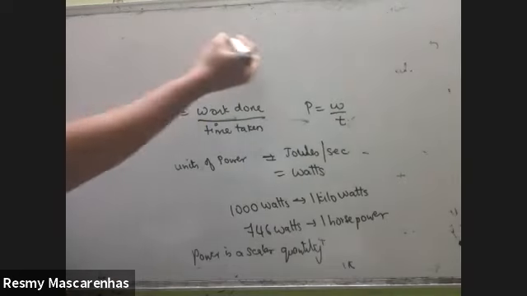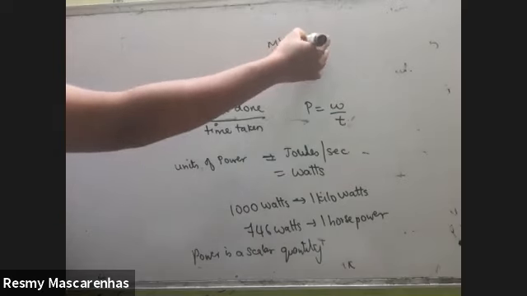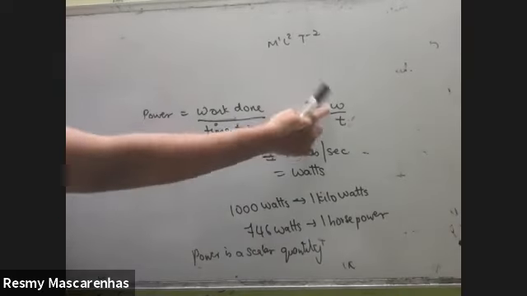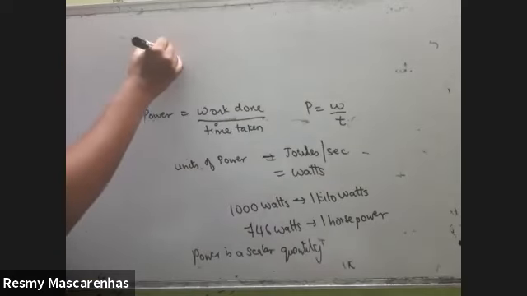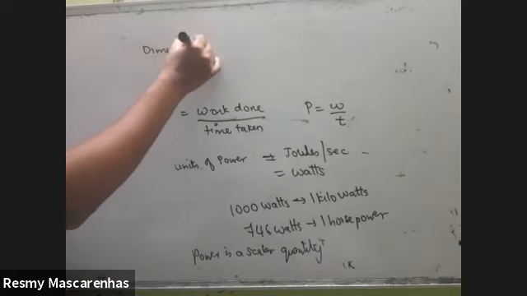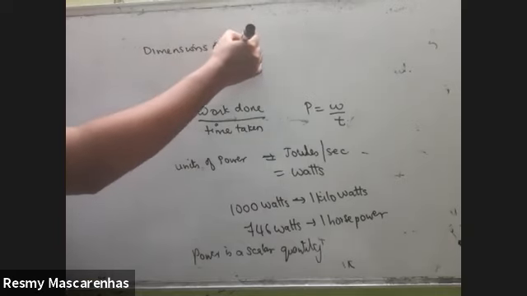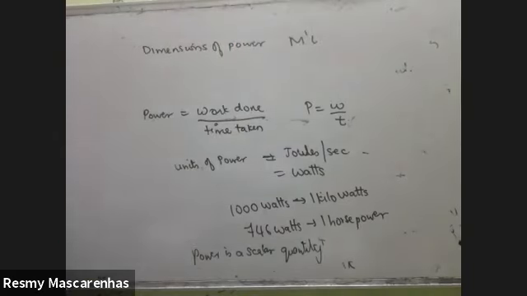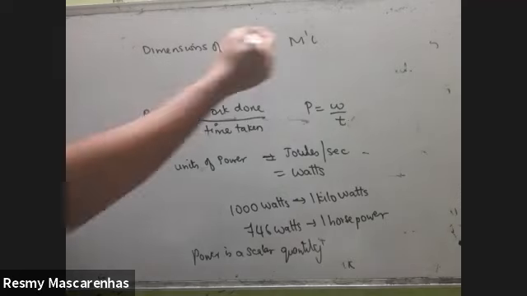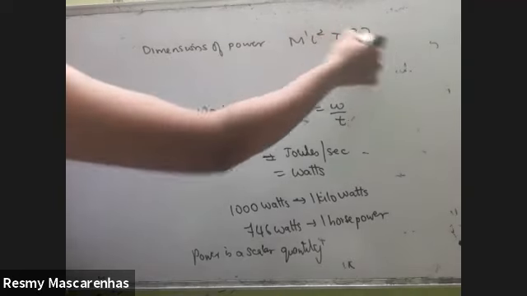So work dimensions are what? M L2 T minus 2. Here only one time is extra. So this will become minus 3. The dimensions of power are M1 L2 T minus 3.